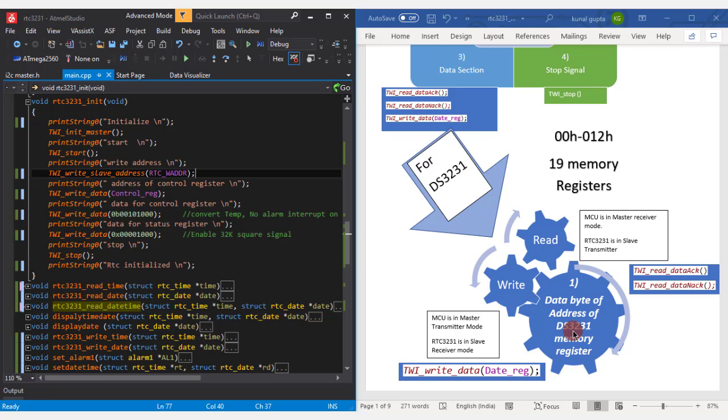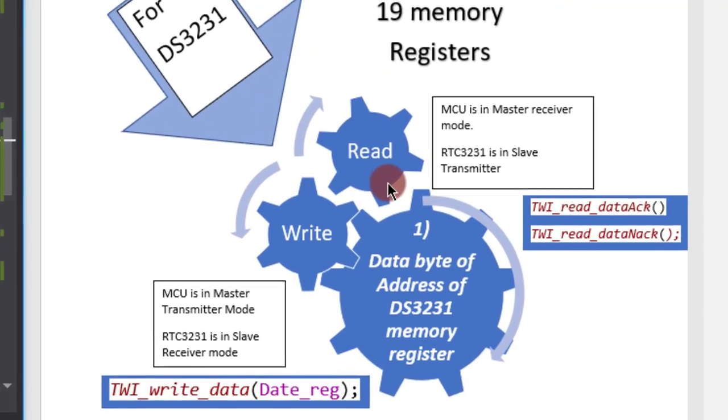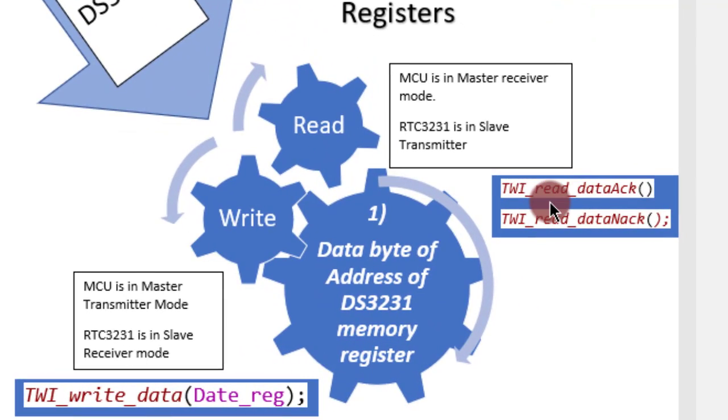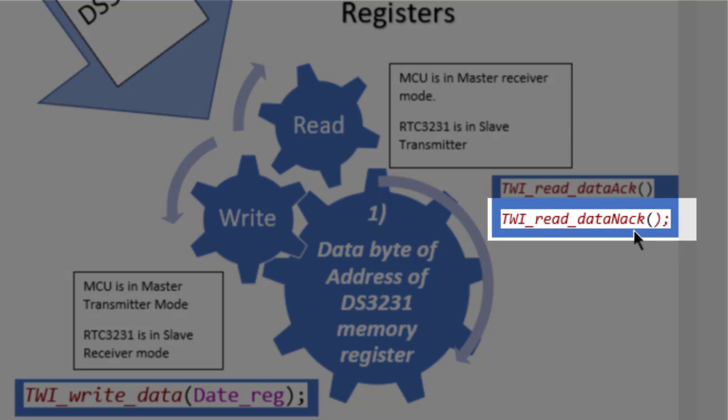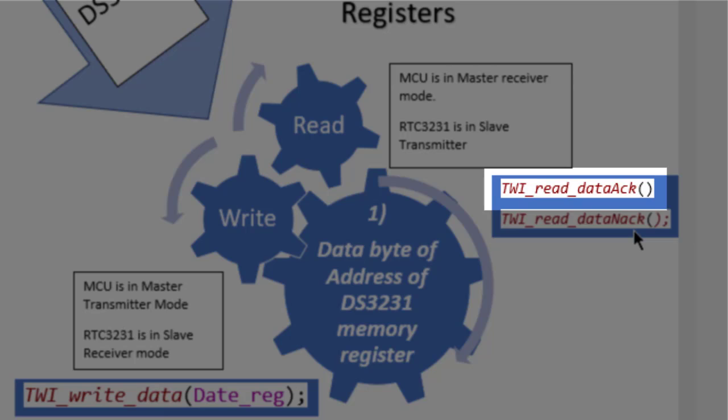Then, if we want to do read or write operations on those registers, we have 2 functions. For reading the contents, we can use the TWI read data acknowledge and TWI read data not acknowledge functions. Not acknowledge is used when we are reading the last byte or only a single byte. Data acknowledge is used when we need to keep on reading more bytes.